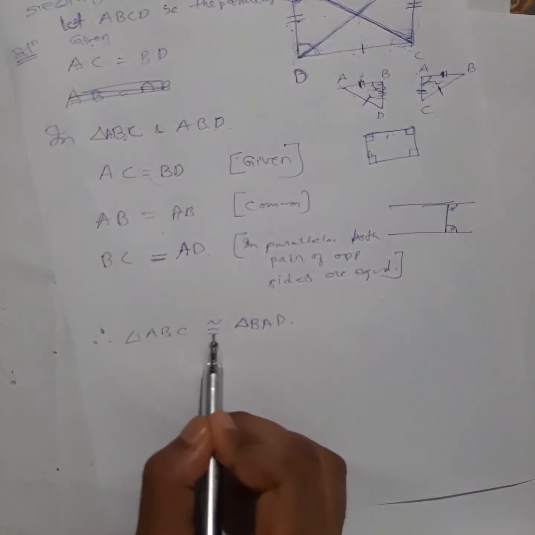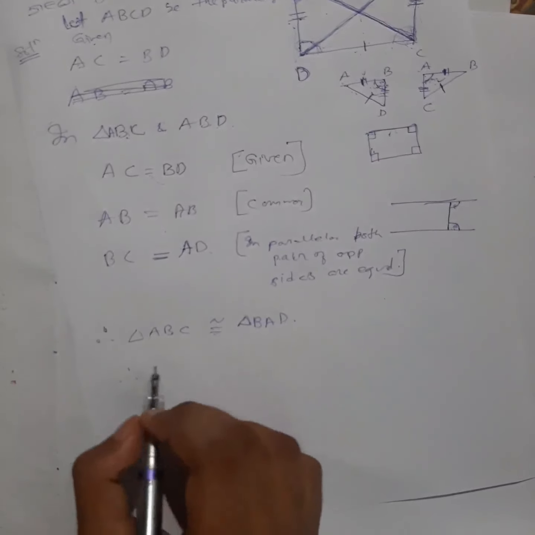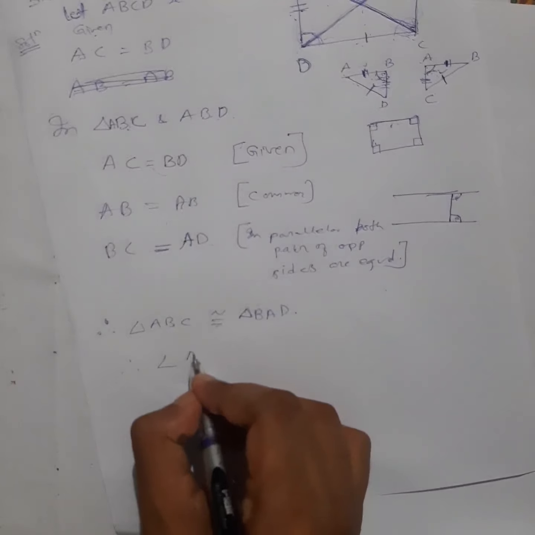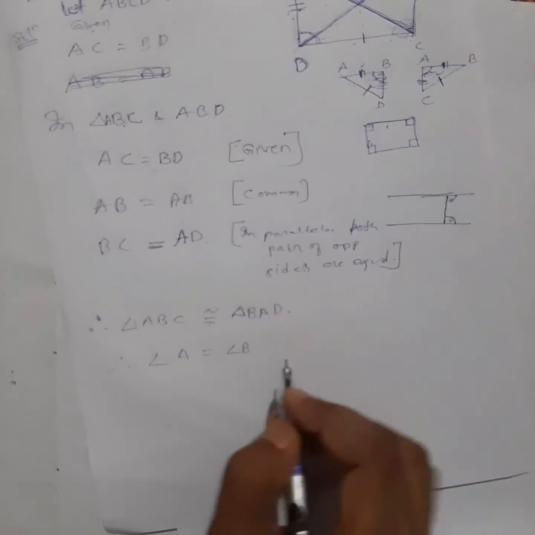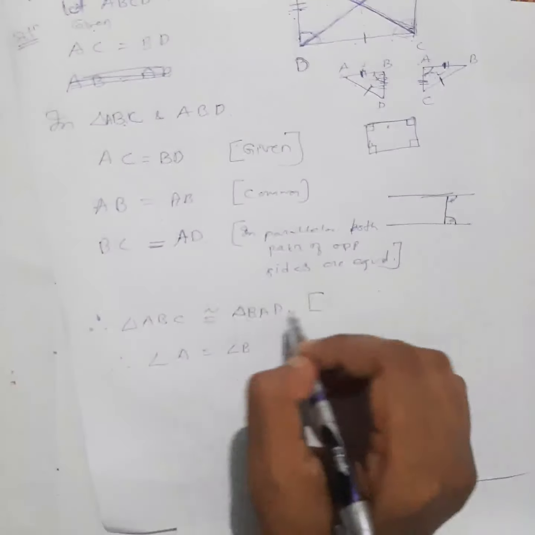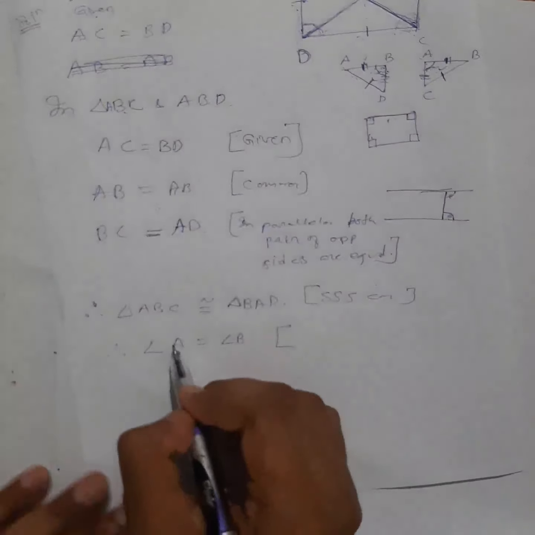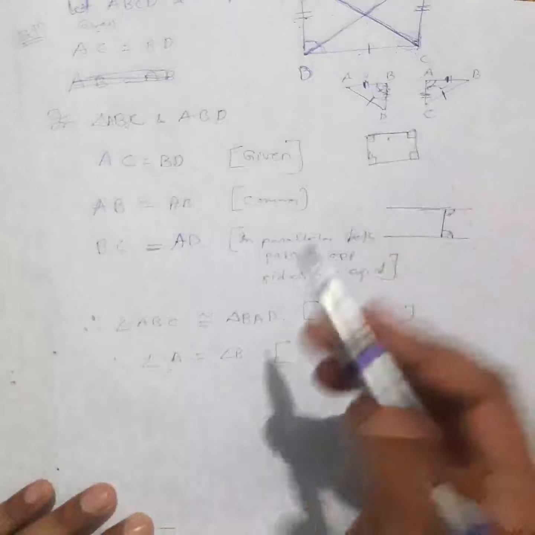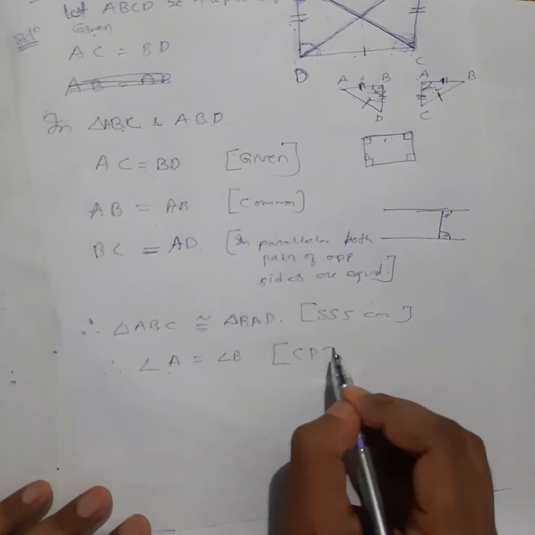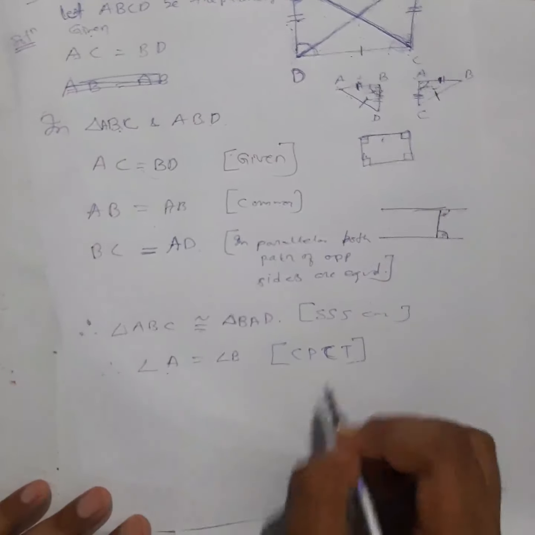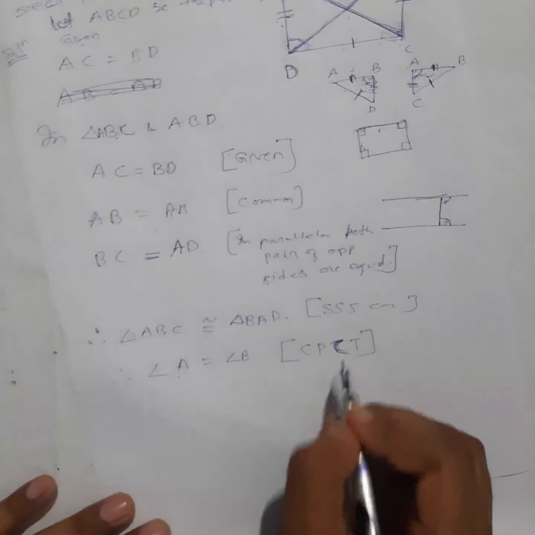So ABC is congruent to BAD. Therefore angle A is equal to angle B. Why? And this one, why I have written congruent? Side congruency. Okay, and now why can I write angle A and angle B are equal? Because they are corresponding parts of congruent triangles, CPCT.